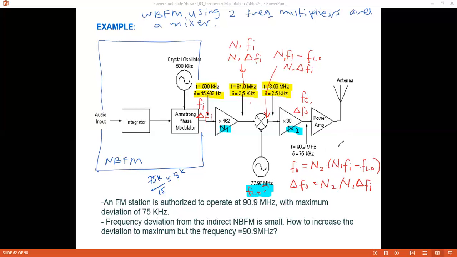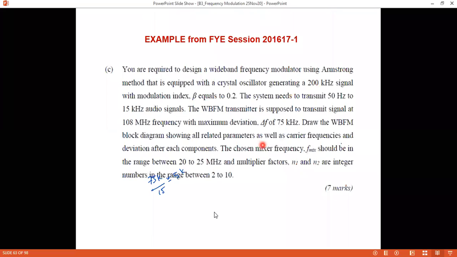Next, let's go through one example that I have shared before, on Monday. Let's solve this example. This is from the final exam, session 2016-17 semester 1.